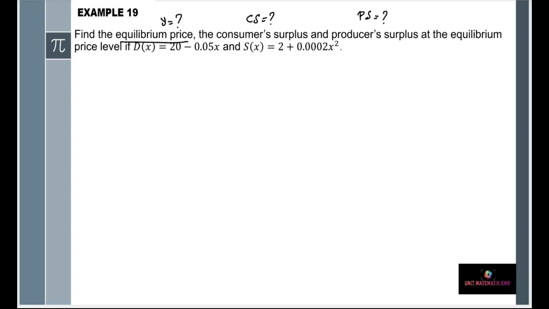So first, we need to solve for y. We need to solve Dx equals Sx. Dx is 20 minus 0.05x, Sx equals 2 plus 0.0002x squared.